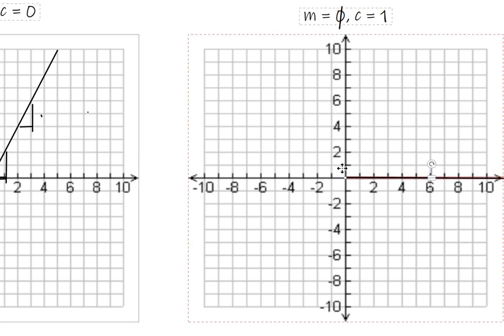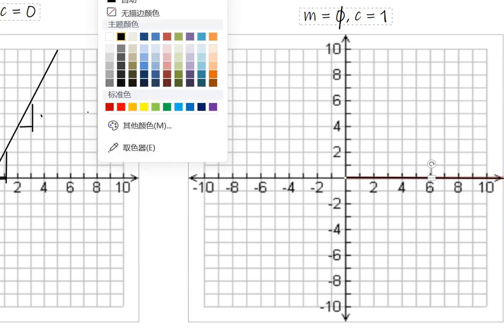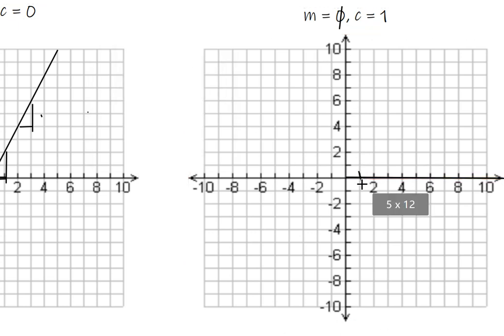But if m is 1 and c is 1, what we have to do is make sure c is here, and then just draw a straight line connecting these points.